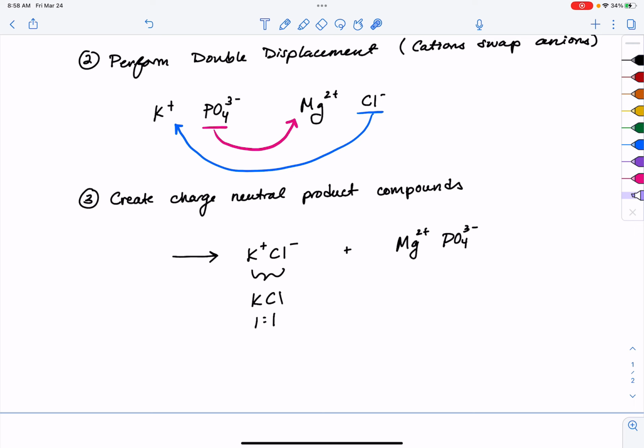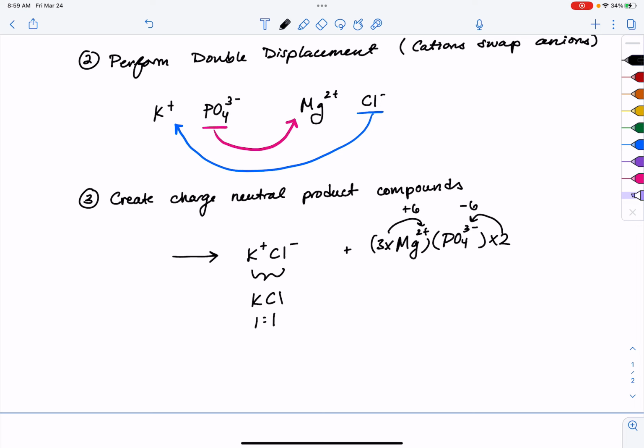So the lowest common multiple of 2 and 3 is 6, meaning that I'm going to need 3 times the magnesium and 2 times the phosphate. This will give me an overall +6 charge, and this will give me an overall -6 charge.